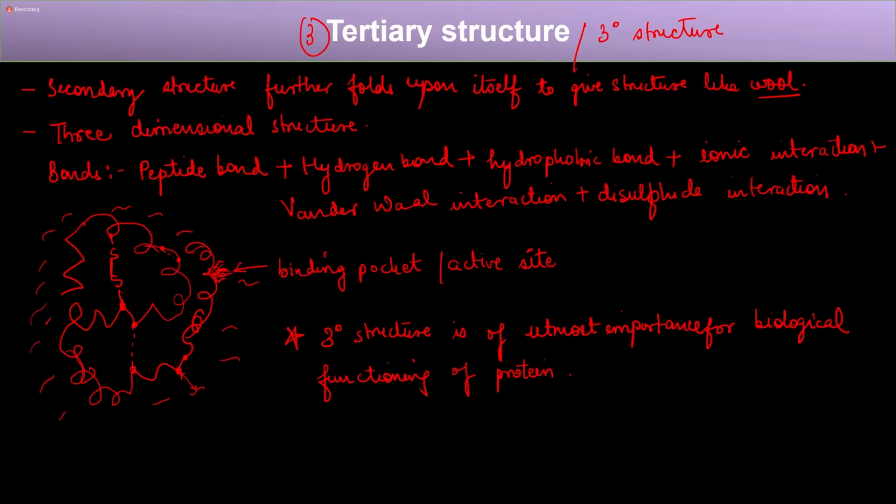Now, we have studied the tertiary structure. The next structure that we will study is quaternary structure. The quaternary structure is also known as 4-degree structure. And protein is the only molecule that goes up to 4-degree structure. Okay. So the first important thing about quaternary structure is that it comprises more than one polypeptide chain.